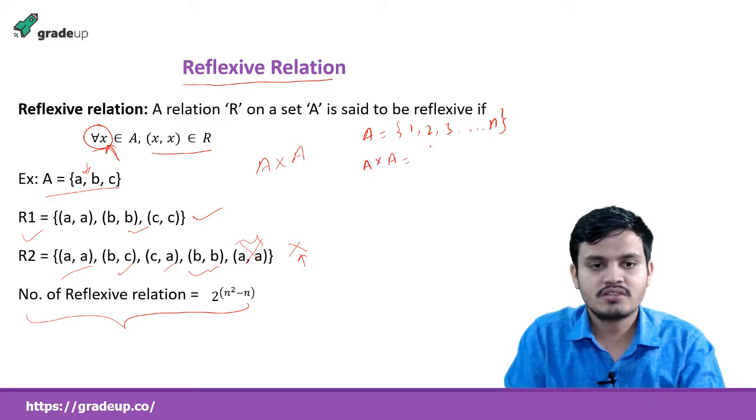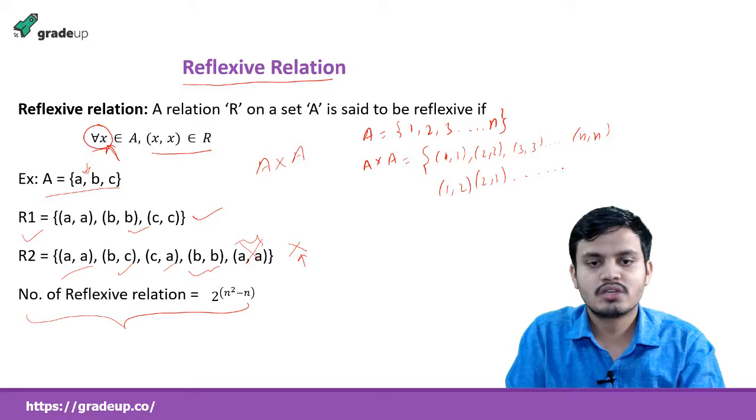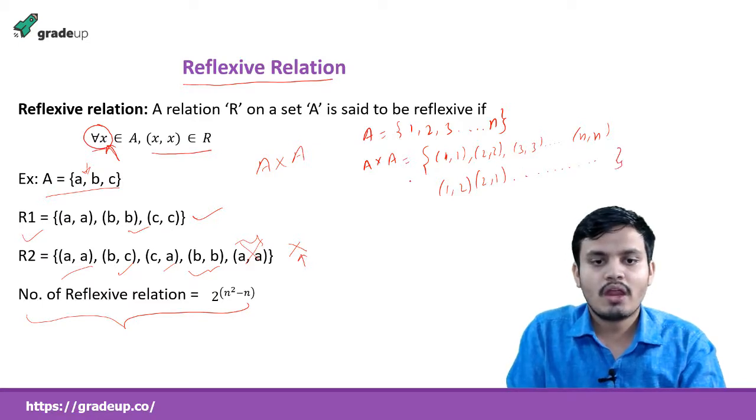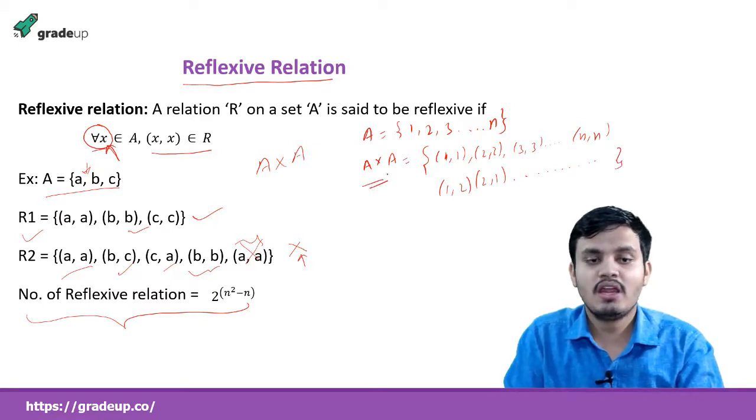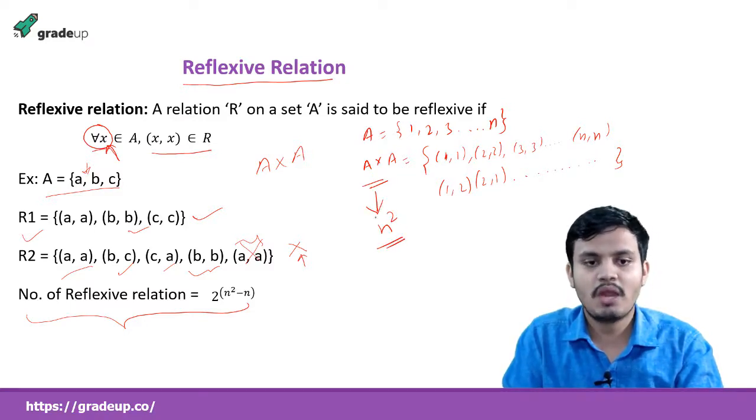A cross A is equal to (1, 1), (2, 2), (3, 3), until (n, n). Then we will be having (1, 2), then (2, 1), and all those are the elements. Okay, how many elements are there in A cross A? The number of elements in A cross A will be n square.